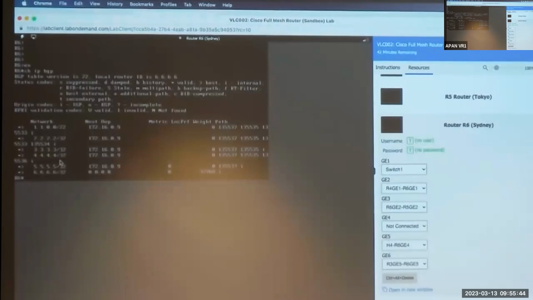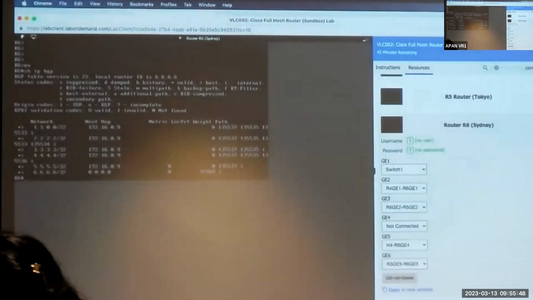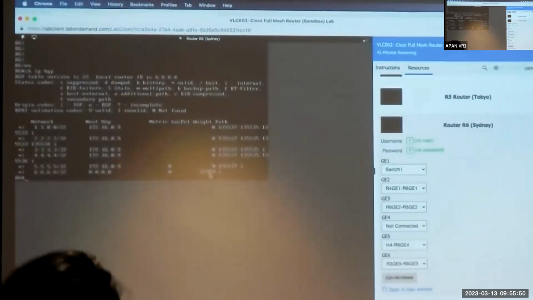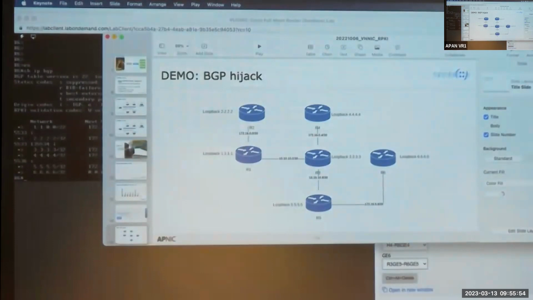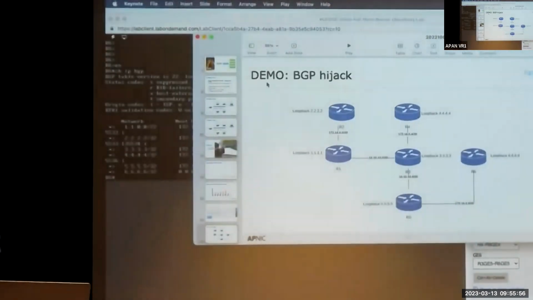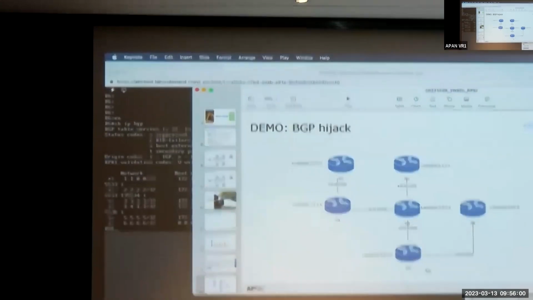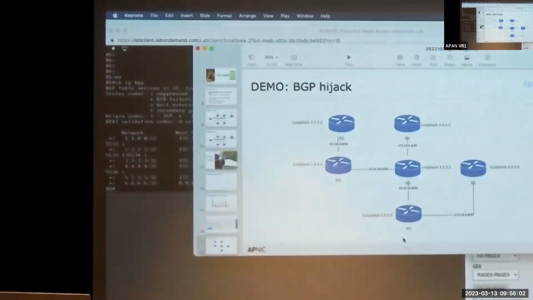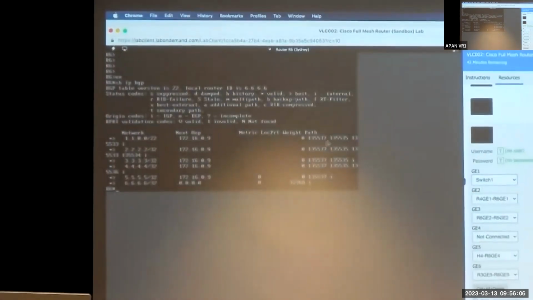So 1.1.0.0/22 is coming from a next hop address of 172.16.0.9. That is the IP address of this link, router 5 over here, right? And if you see the path here, you can see it originates from router 1.